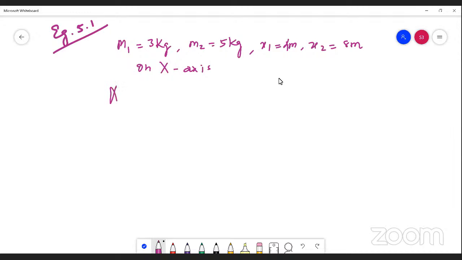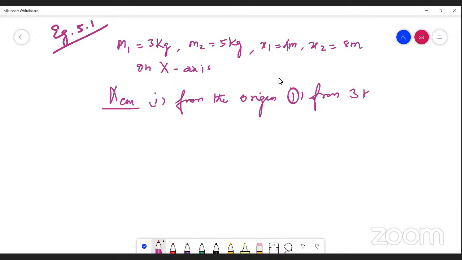So you are asked to find out xcm from the origin and from 3 kilogram mass. This is the question. Let me draw the diagram for this question.